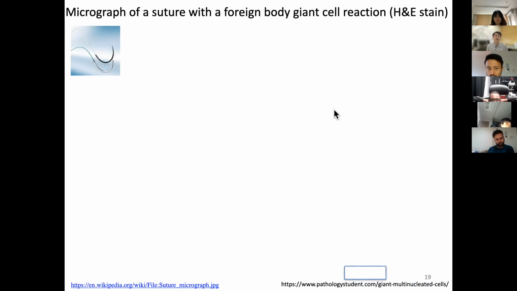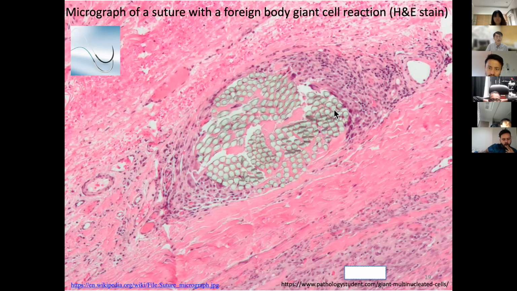So as an example for this, I brought a surgical suture, which will eventually cause a foreign body giant cell reaction. So the surgical suture in a nice H&E, or hematoxylin and eosin, stain.